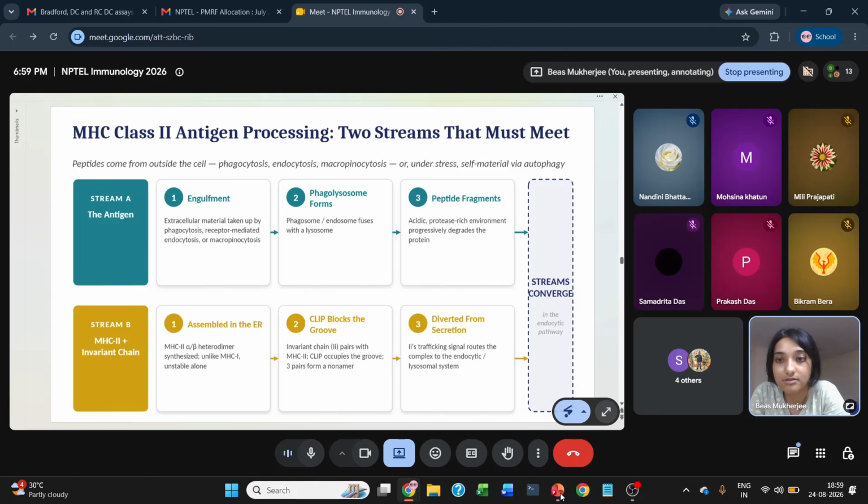Extracellular material is taken up by phagocytosis, receptor mediated endocytosis, or macropinocytosis. Phagolysosome gets formed. So, phagosome or endosome fuses with the lysosome. Inside the lysosome, it is very, very acidic. The protease-rich environment progressively degrades the protein, and these small peptides are formed.